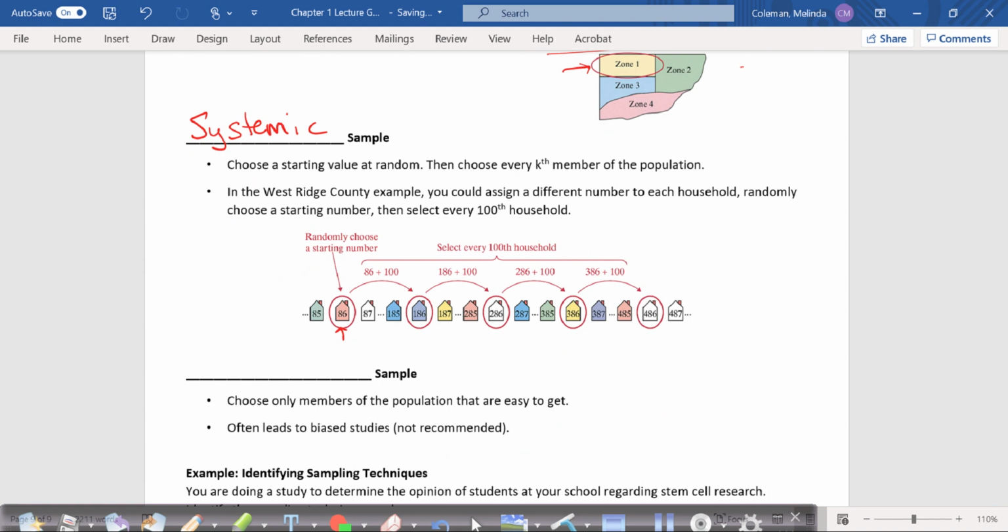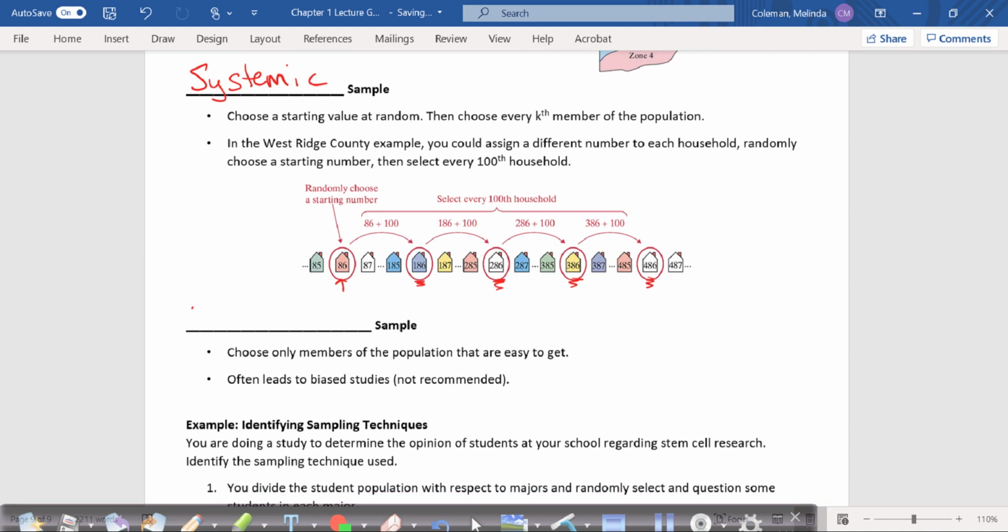Then you're going to jump to the next 100 and choose 186, and then 286, and then 386, and 486. So this is similar to the example I said earlier, like a simulation where you pick every 5th person who walks into the store. That would be more systemic rather than totally random.